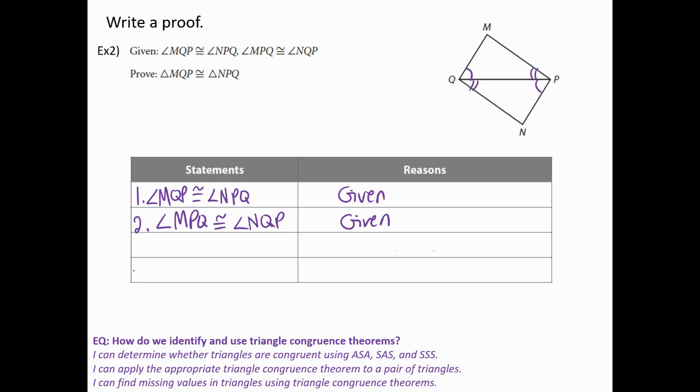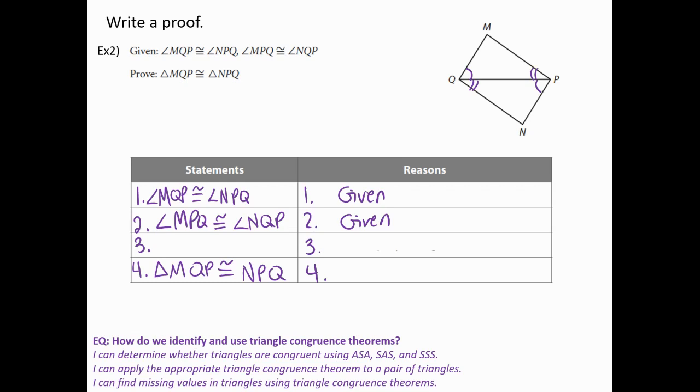All right, then the last statement we know is going to be what we're trying to prove. Triangle MQP is congruent to NPQ. We do not yet know the reason. All right, so here we go.